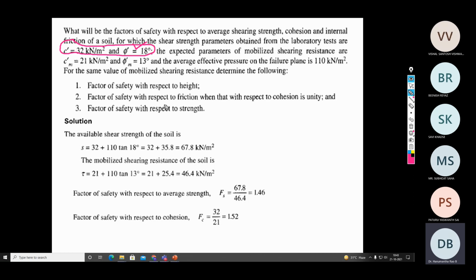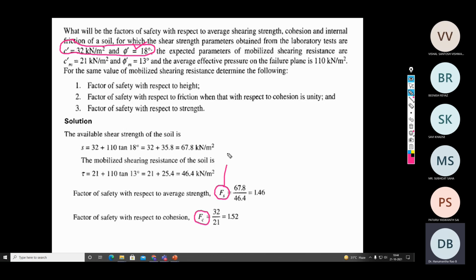Or else, simply, suppose I want to understand the mobilized cohesion and mobilized angle of internal friction, you fix the factor of safety. See now, we know Fc is nothing but c dash by c dash m. In reality, I know the factor of safety with respect to the shear strength.